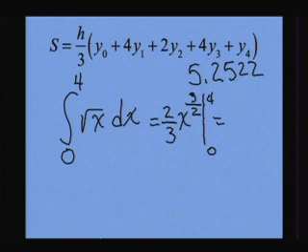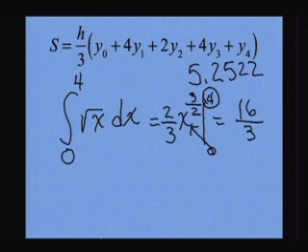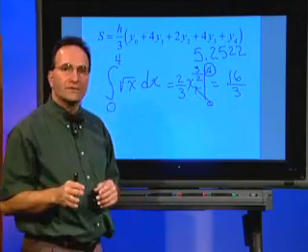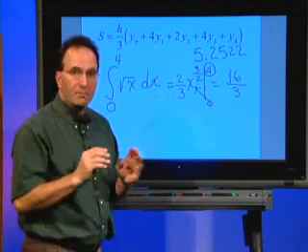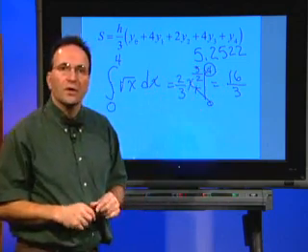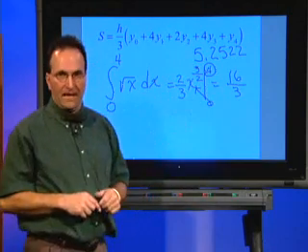And again, when 0 goes in, we know that that's just going to be 0. So all we're concerned with is the 4. And when you evaluate that, you get 16/3. So again, exactly would be 5.3 repeating. So our approximation is fairly good with respect to the exact value.